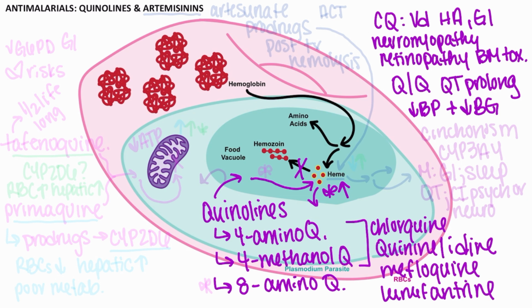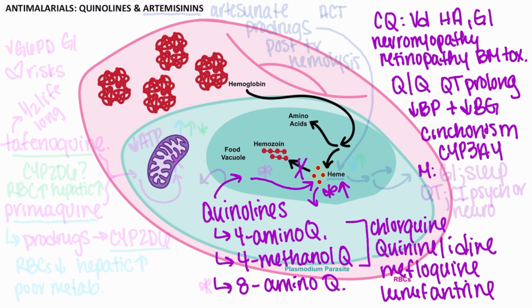And there's also this characteristic cinchonism, which is a combination of tinnitus, nausea, headaches, dizziness, and disturbed vision. Now, these do have CYP3A4 metabolism, so opportunities for drug interactions, as well as a narrow therapeutic window, and again, a very high volume of distribution and tissue sequestration, and overdose can cause cardiotoxicity, blindness, and deafness. So lots of considerations with these two.